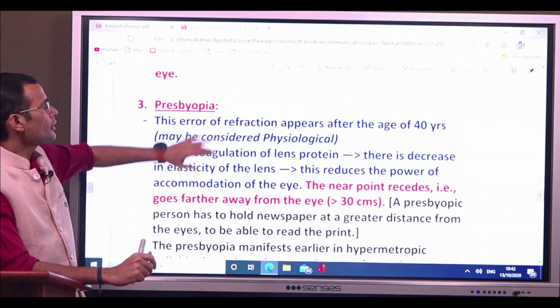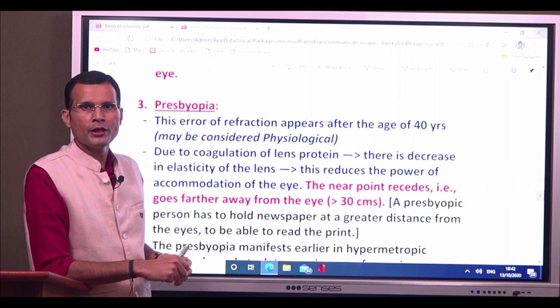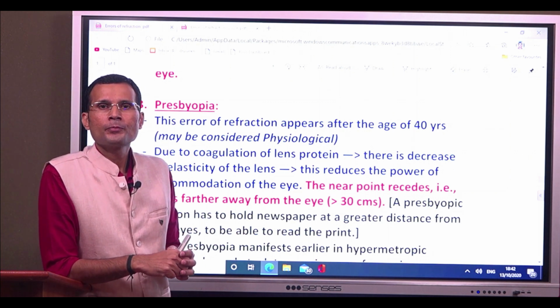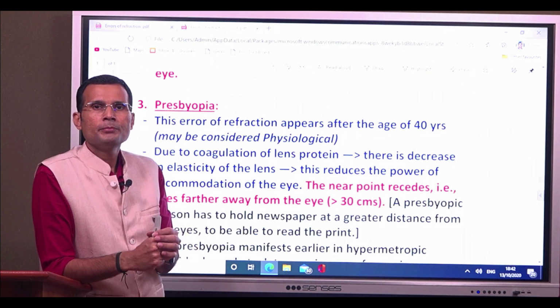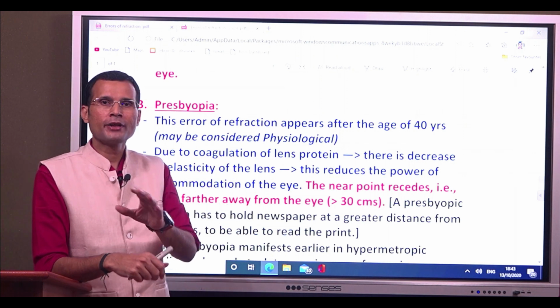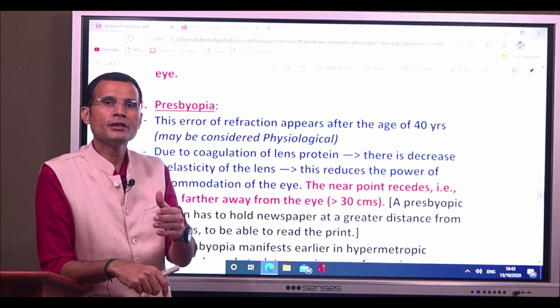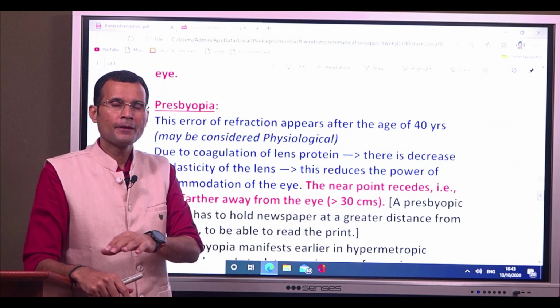Right, now coming to the third one. The third error of refraction is presbyopia. I remember in my final year of medical education, just to remember these errors of refraction, our professor was telling us how you will remember these, because very often students tend to confuse.